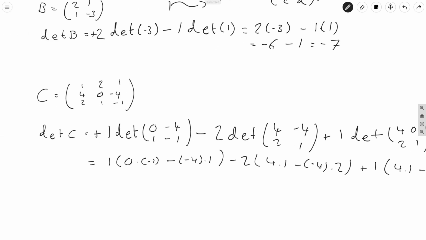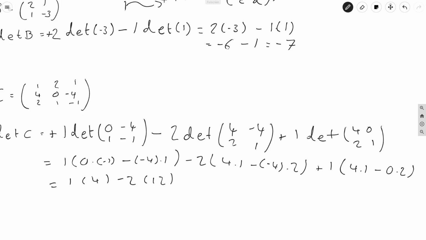And now it's just computation. So this is 1 times minus, the minuses cancel here, so we actually get 4. So minus 1 times minus 4 is a 4. Here we get minus 2 times (4 minus 4 times 2), so this is actually plus 8, so it's 12. So it's minus 2 times 12. And this one comes out to be plus 4.